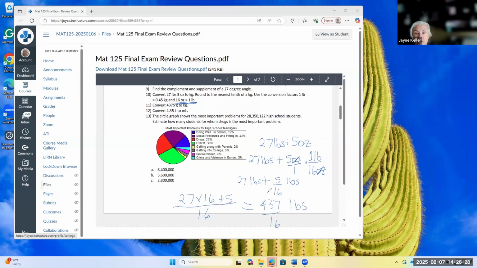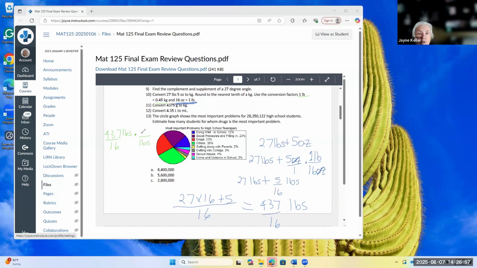And now to convert that to kilograms, now I'm going to use this factor. 1 pound is 0.45 kilograms. I'm going to rewrite this guy over here, 437 over 16 pounds. And I'm going to multiply by my conversion factor. And this time I want the pounds to go away, so they're going to go in the denominator. So 1 pound.